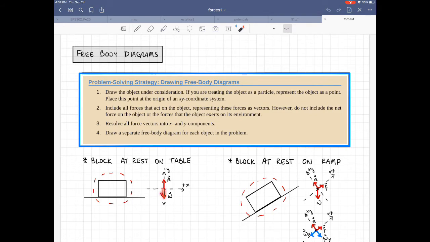And so that force is down. We haven't talked about Newton's laws yet, but since this object is at rest, it turns out that these two forces, the normal force up and the weight down, must be equal in magnitude, since those are the only two forces acting on our object.